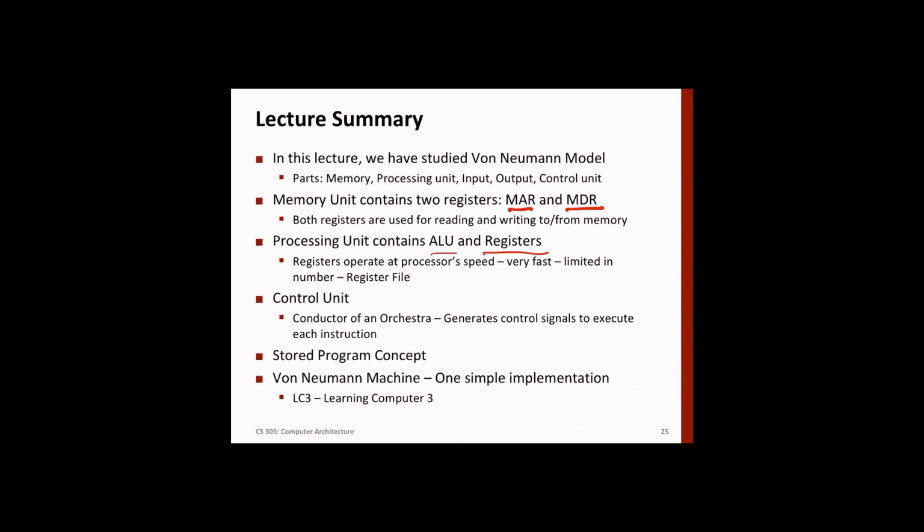The control unit generates control signals, like the conductor of an orchestra, to execute each instruction. The whole model is called the stored program concept, because the program is stored in memory. All right, that's all. Any questions?